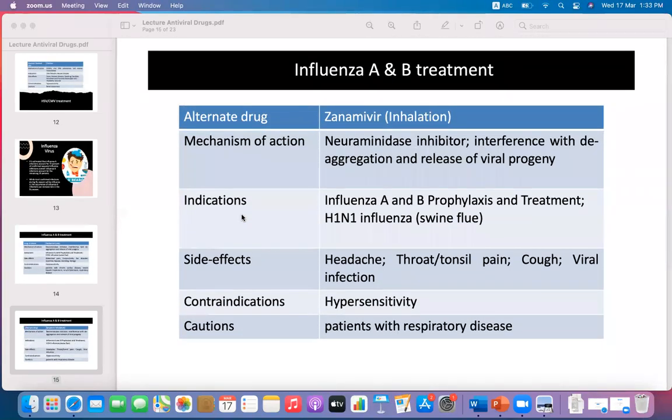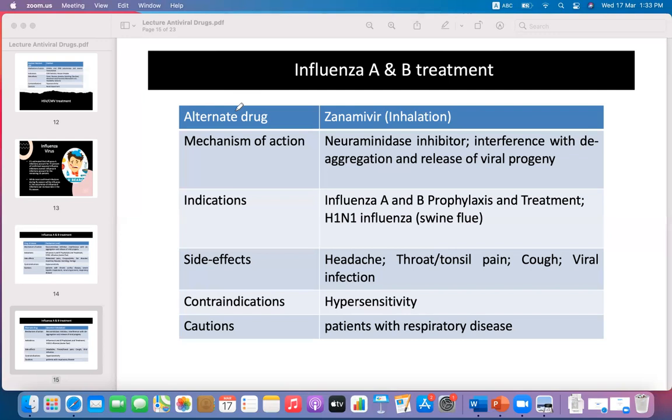If there is a question: the patient of influenza A and B infection with documented hypersensitivity to oseltamivir, which one of the following drugs is useful to manage his infection, that is influenza A and B, or we can say swine flu also?